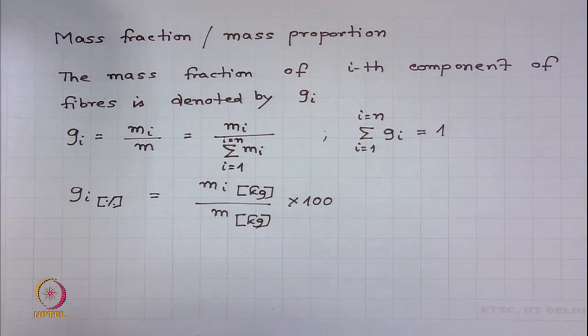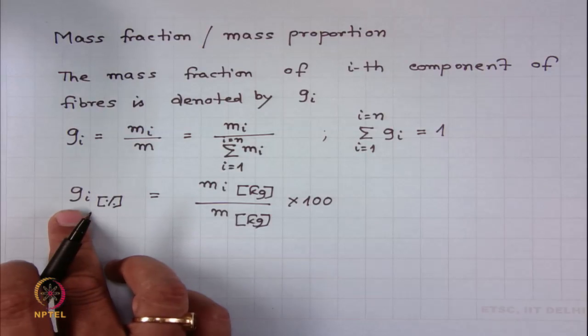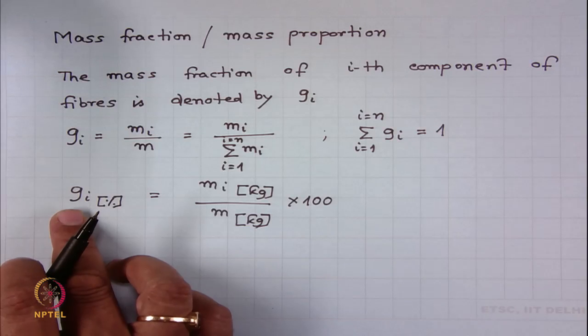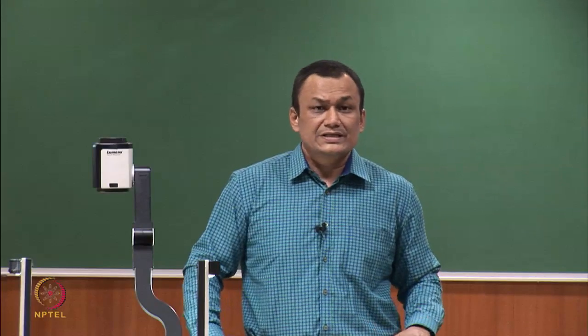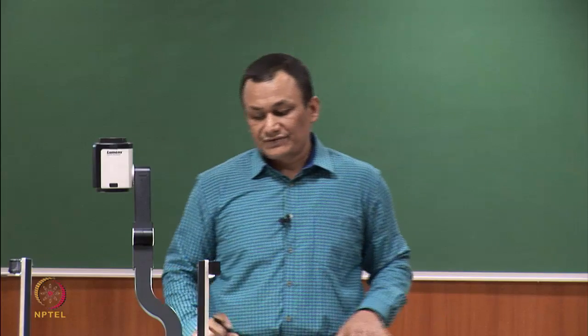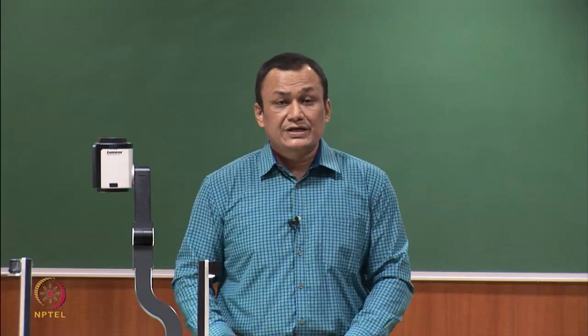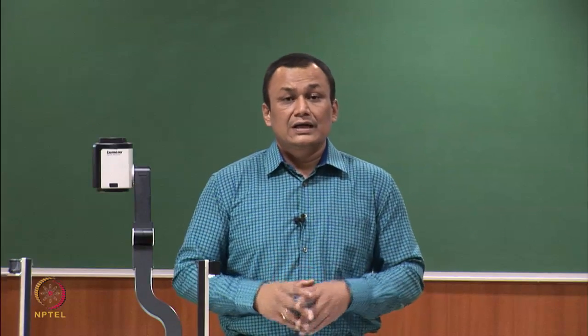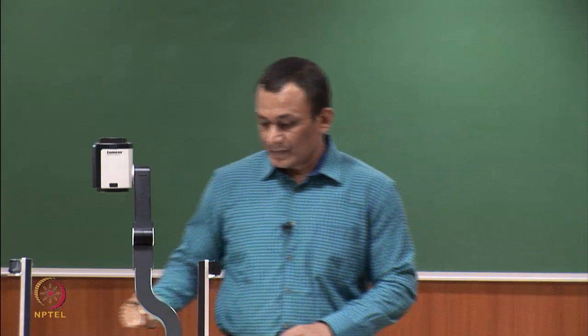That means here G for cotton fiber is 67% and G for polyester fiber is 33%. As mass or weight is easy to measure, we often in industry go by mass fraction or mass proportion. However, there could be possibility of volume fraction, length fraction, number fraction. We will discuss them in this module.